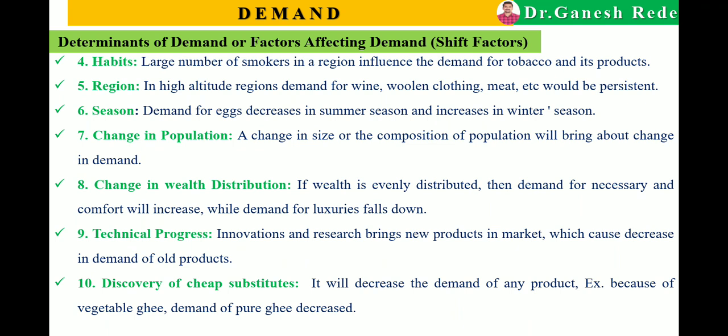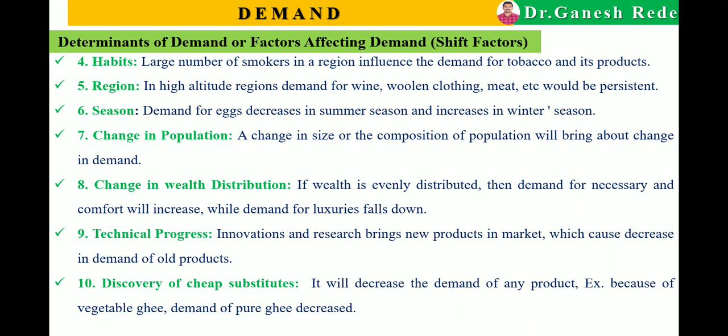Okay, if the wealth of all the people is the same, obviously the demand for necessaries and comforts will increase and demand for luxuries will fall down. So change in wealth distribution also affects the demand of a particular good. The next important factor is technical progress.